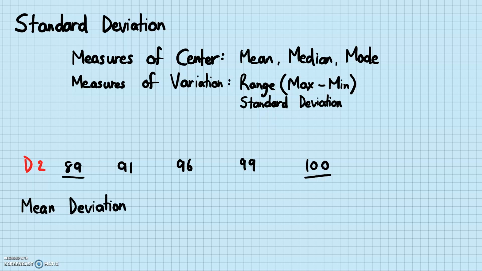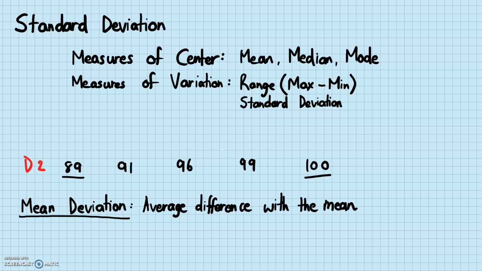Mean deviation means the average difference with the mean. By the name of mean deviation, you might assume it has something to do with the mean, and that is correct. So let's first find the mean of this data set.